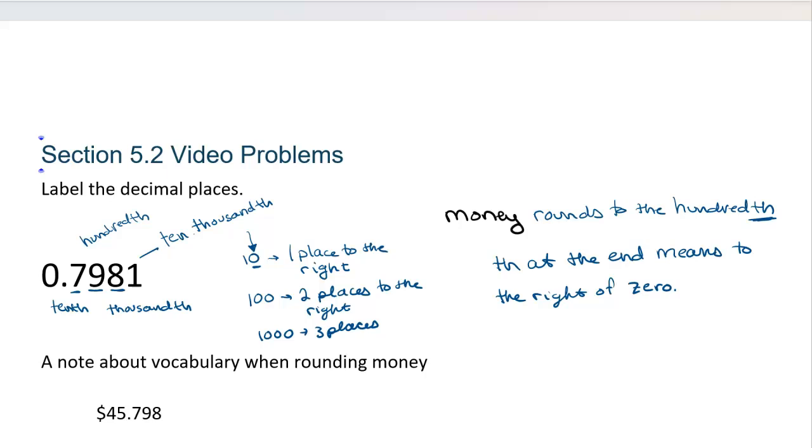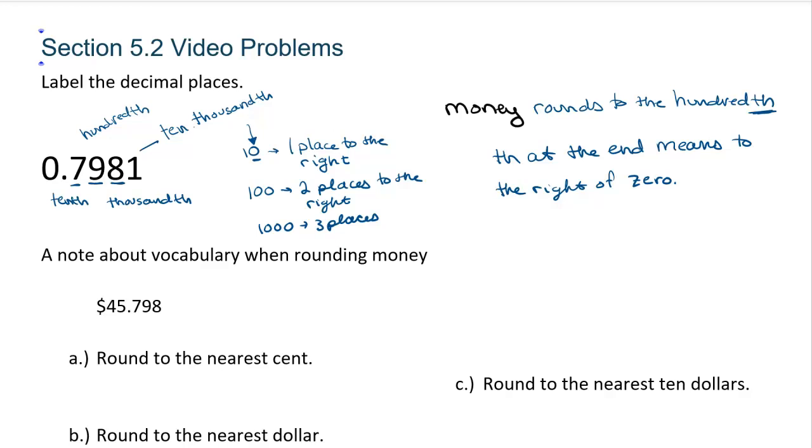Okay, so now that we know all of that, let's look at the money, right? So it says a note about vocabulary when rounding money. So again, it always rounds to the 100th place, okay? And then for vocabulary, it says round to the nearest cent.